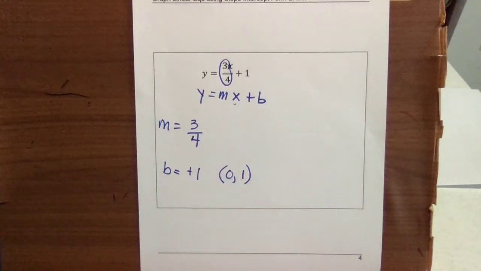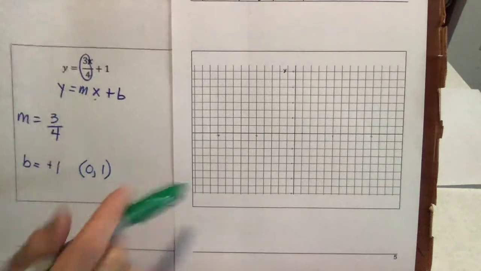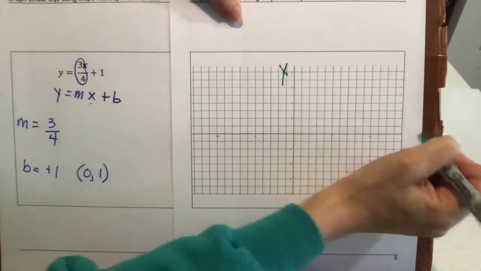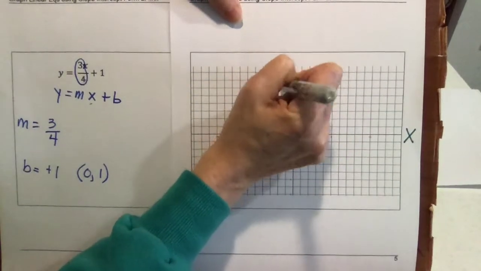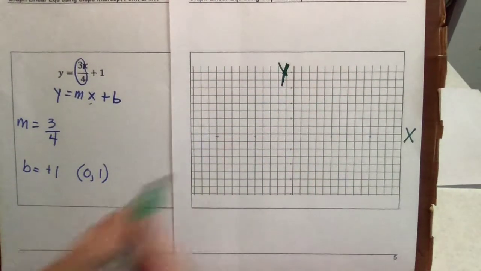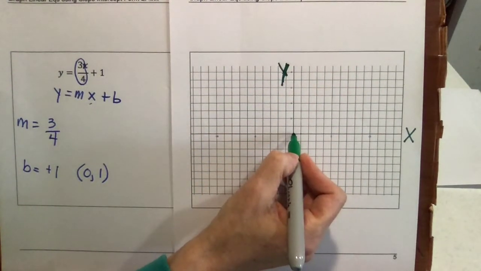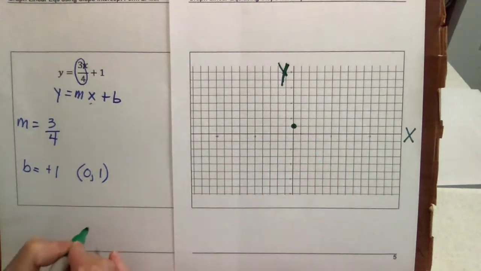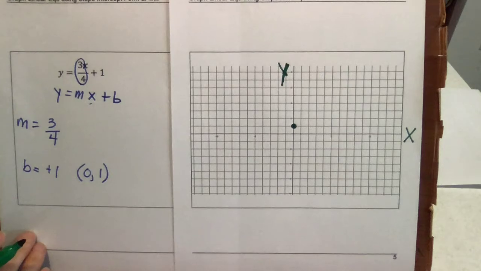All right, so we're going to graph now. Remember, this is our y-intercept. This is our y-axis, that's our x-axis. Make that darker. There's our origin where we start, and we don't move left or right. We just go up 1 to our y-intercept point, and we plot (0, 1).